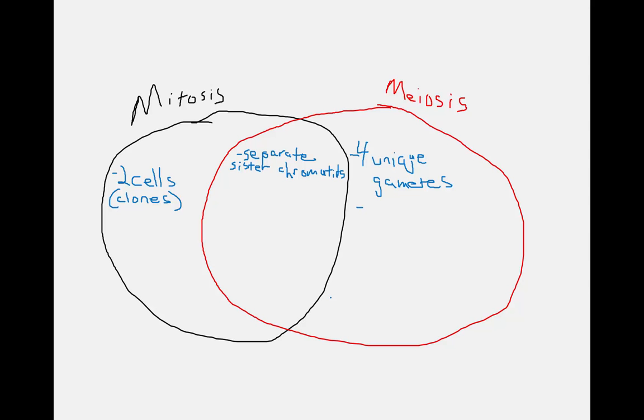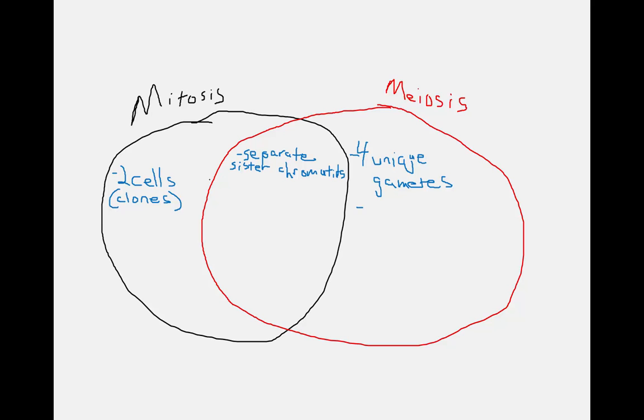Another difference could be crossing over. Did crossing over happen in mitosis and meiosis, or just one? It just happened in meiosis, specifically meiosis 1, where we basically exchange DNA between the maternal and paternal chromosomes. And so crossing over happened in meiosis, but not mitosis.